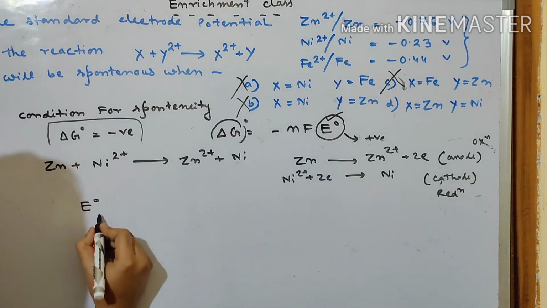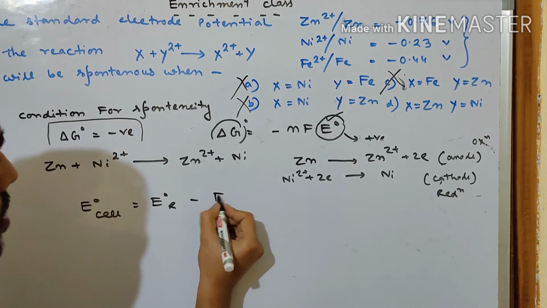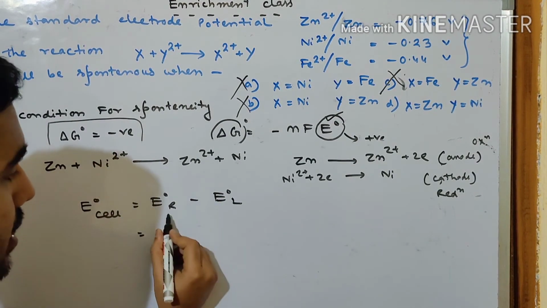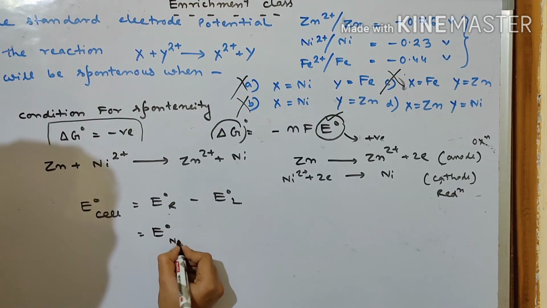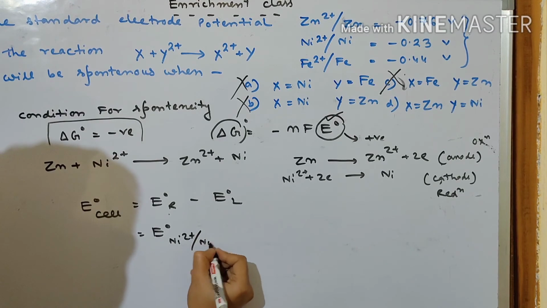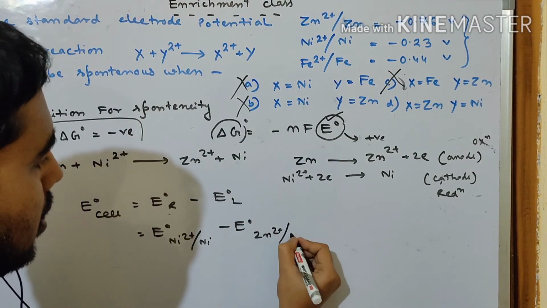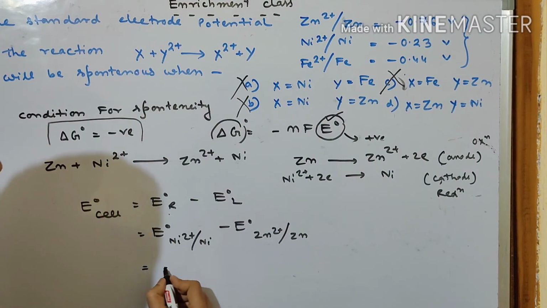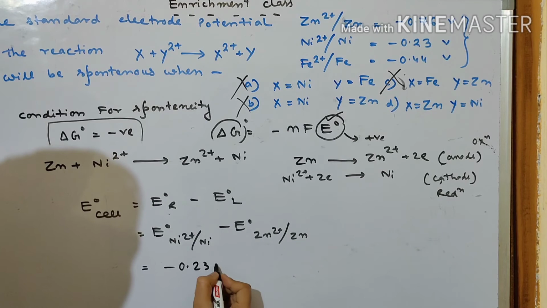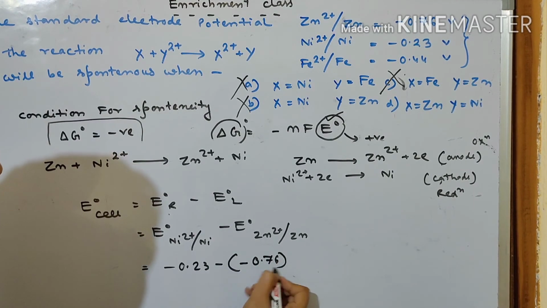So here E0 cell should be E0R minus E0L. E0R, that means cathode, that is the nickel electrode. So it should be E0 of Ni2+/Ni minus E0 of Zn2+/Zn. Now in this case, Ni2+ is minus 0.23, minus of zinc, that is minus of 0.76.